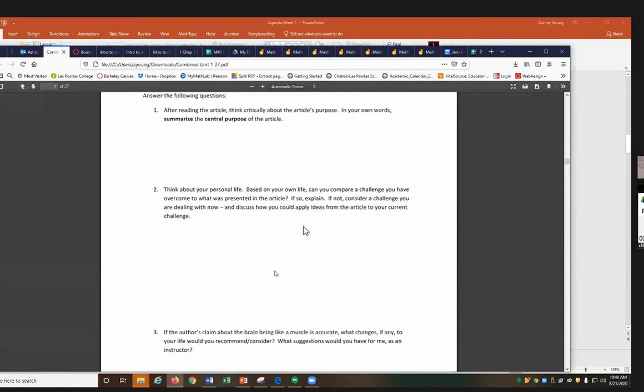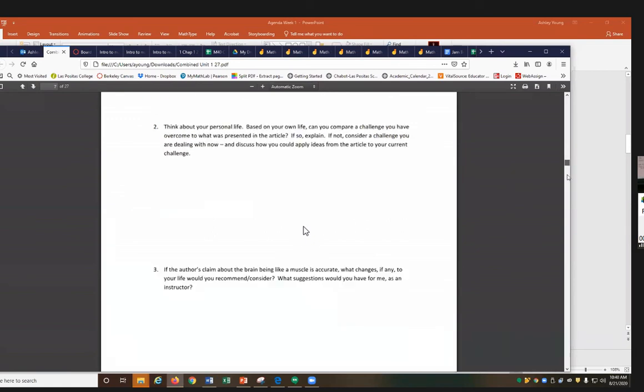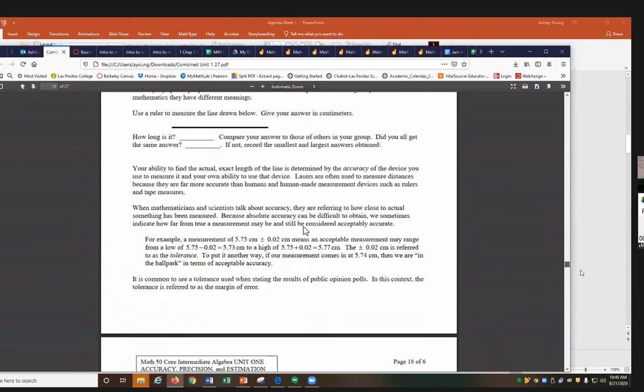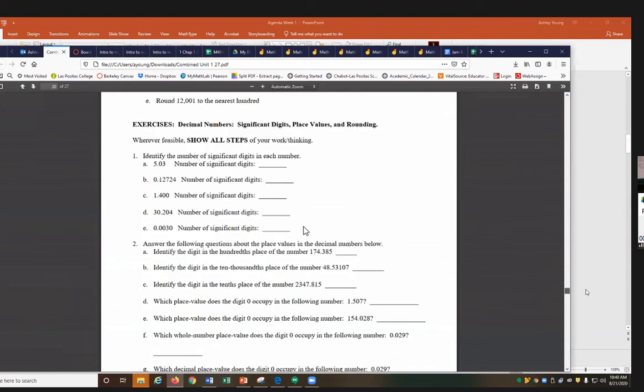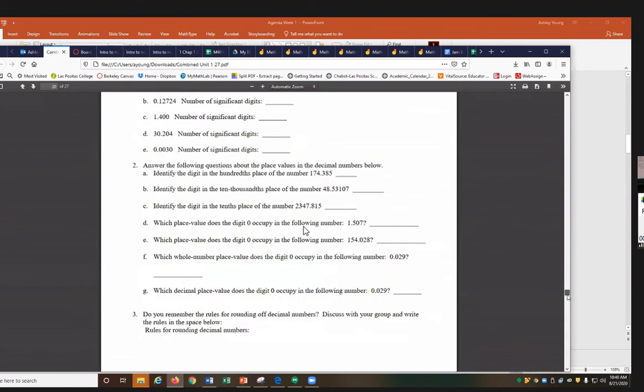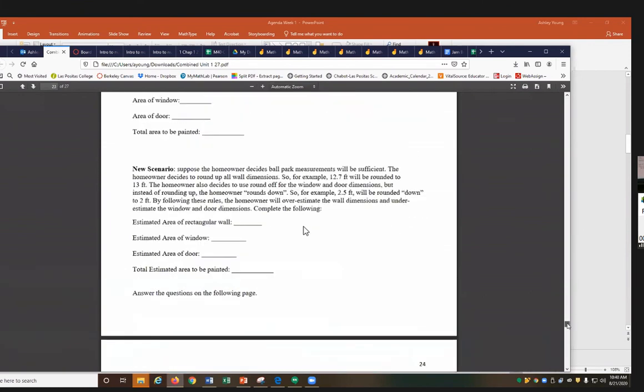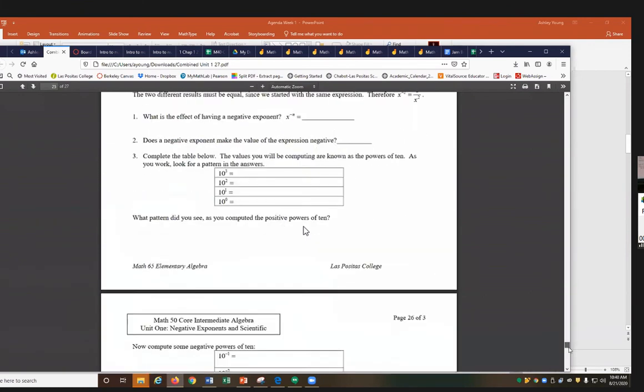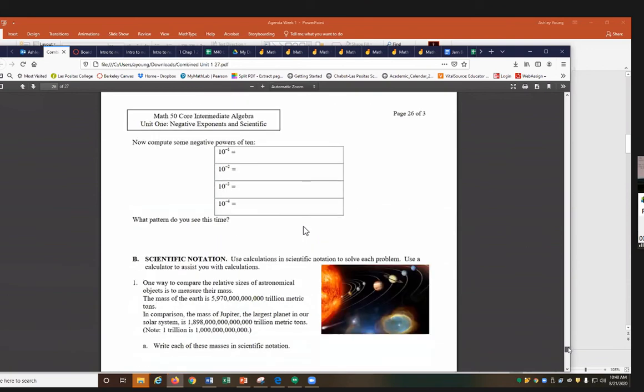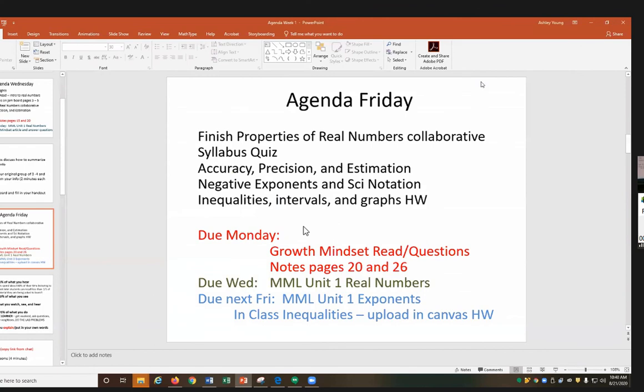Prove to me you've actually read the article. And then pages 20 and 26 are this one, which you're going to be doing in a little bit. And 26 is this one here from the scientific notation that we should be getting to. So those are the two to upload to prove that you attended today.